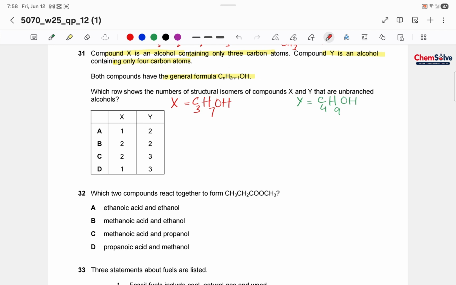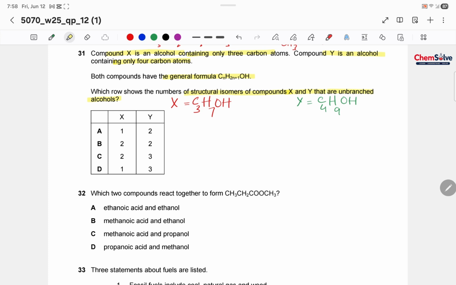Okay, which row shows the number of the structural isomers? The number of the structural isomers of the compound X and Y. This is a one part of the question. We have to find out the structural isomers of these. And then among these structural isomers, we have to select the ones that are unbranched alcohol. Alright, this is a lengthy question.